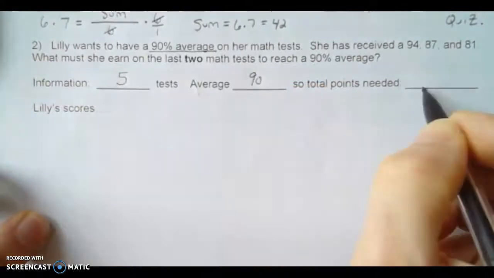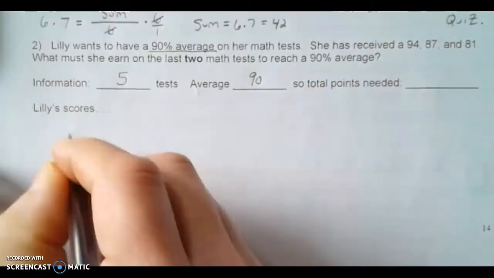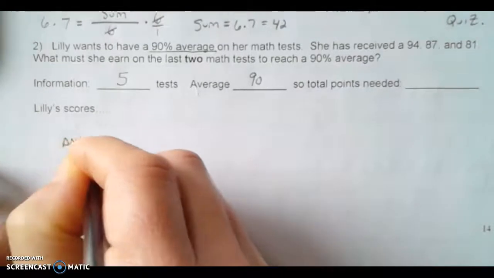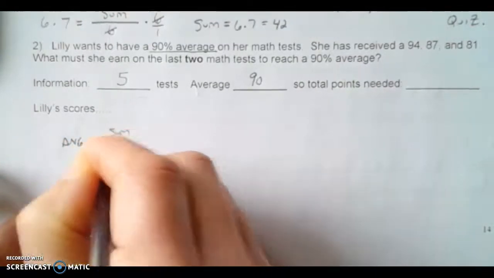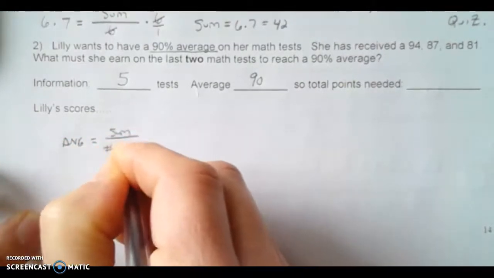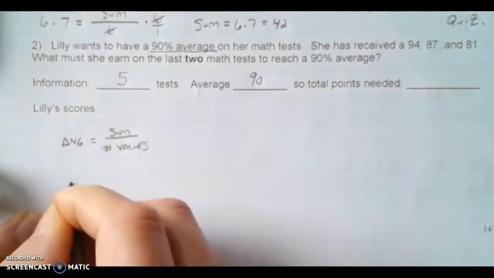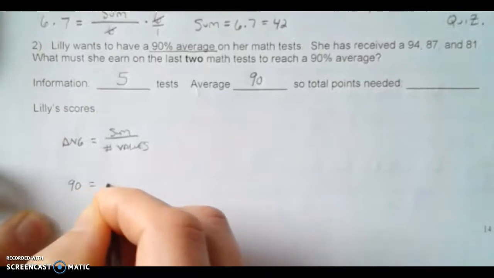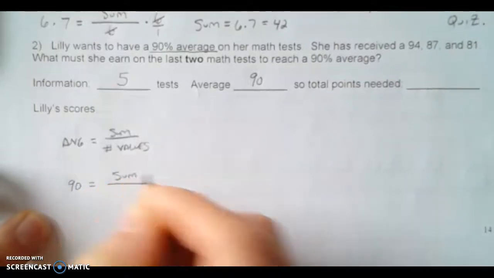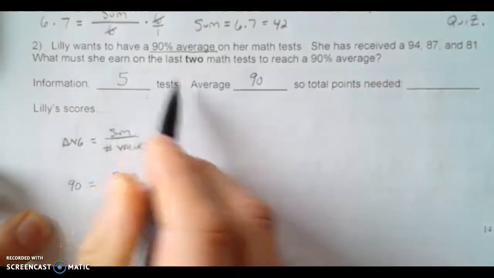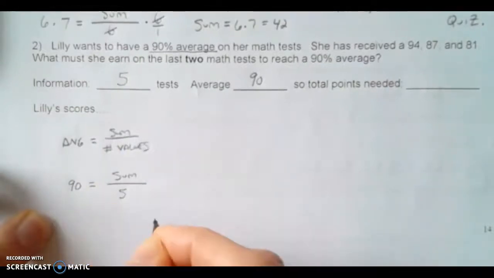So how many points would she need to earn? Well, again, the average is equal to the sum divided by the number of values. We know that she wants a 90 average, so that's going to equal something, we don't know what that sum is, over the number of tests, which is 5.